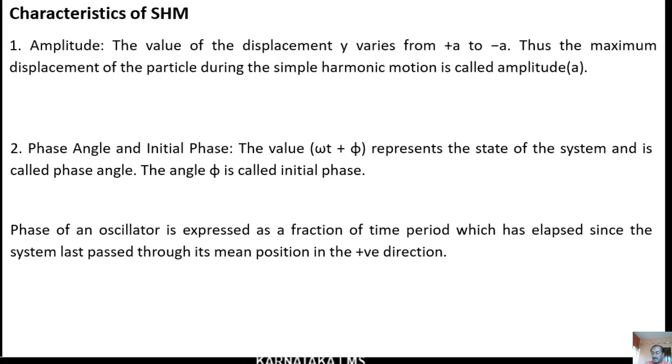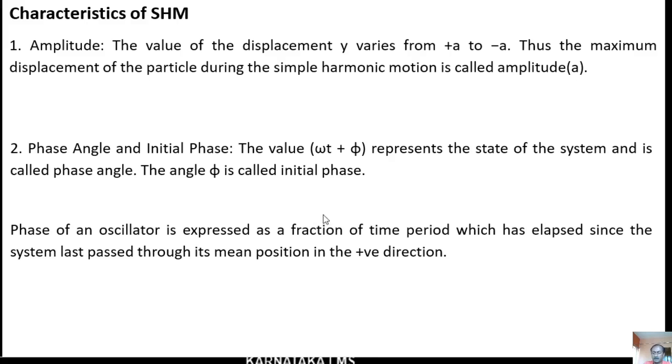The phase tells us the position of the oscillating particle at any time t, at any time interval t seconds. At t equals 0, the value of the phase is pi, and therefore pi is called the initial phase or phase constant. This gives the information regarding the initial position from where we started to measure the displacement.